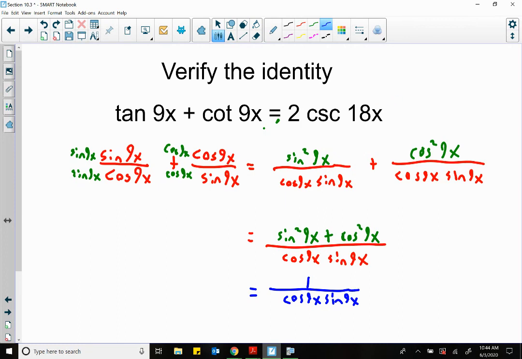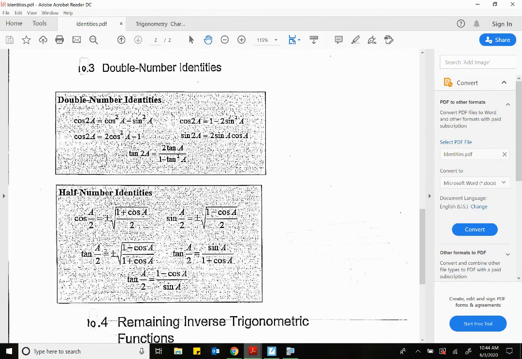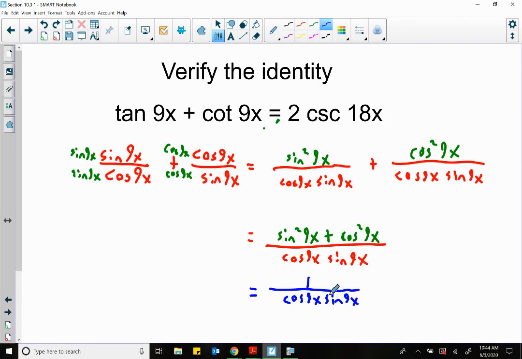Now, remember, this 9 turns into an 18, which means that this is acting like a double angle formula. So we need a double angle formula that we can use to multiply the 9 by 2. So cosine and sine. Well, that looks like sine double angle. And if you think about this, that means I'm going to have a sine double angle on the bottom, and 1 over sine is cosecant. So things are going to work out.